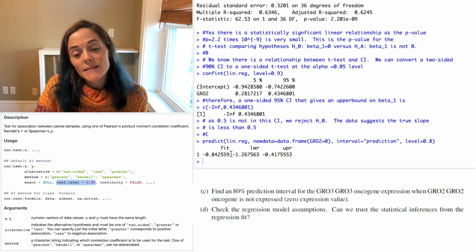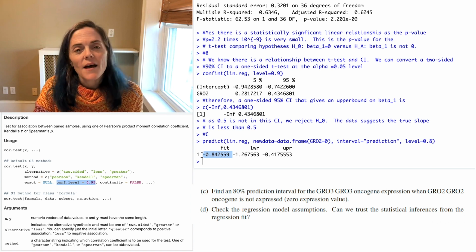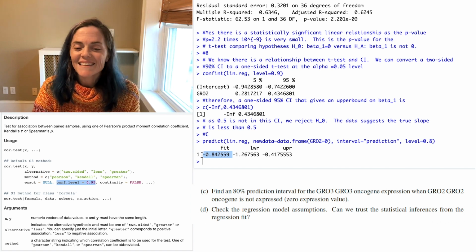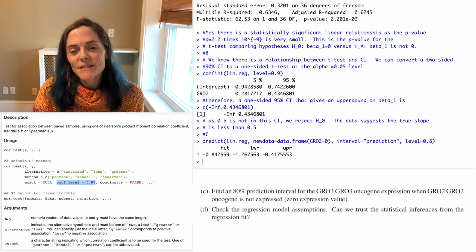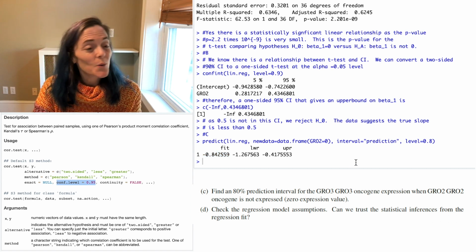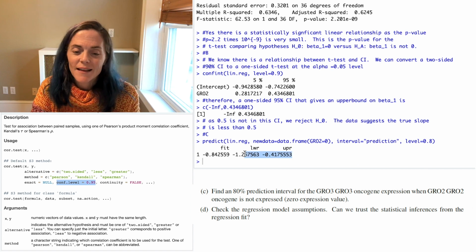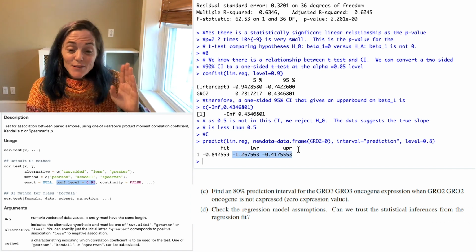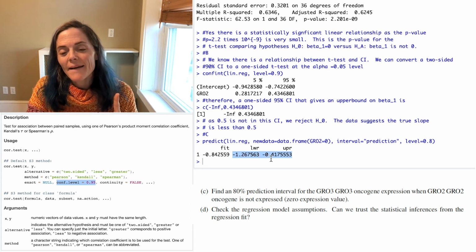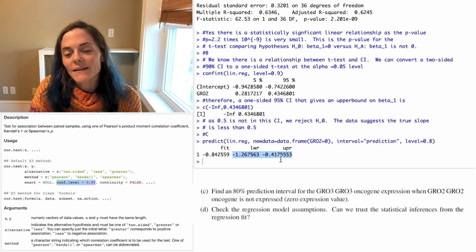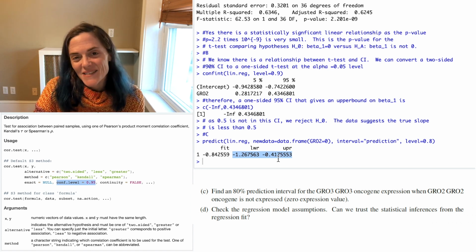You'll notice this estimated value when GRO2 is 0 is just the intercept. But the question asks for a prediction interval, and that is here. It goes from minus 1.268 to minus 0.476, approximately.